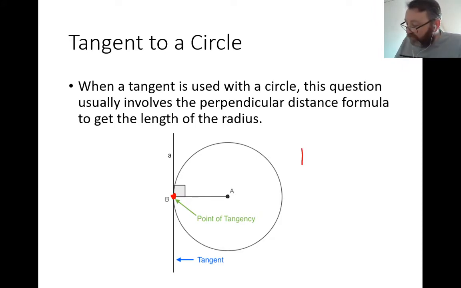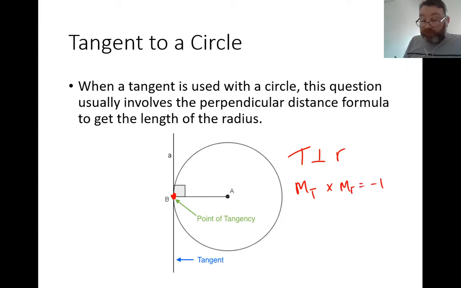So tangents are always perpendicular to the radius, which means that the slope of the tangent multiplied by the slope of the radius is equal to -1. Or put it another way, the slope of the tangent is perpendicular to -1 over mt, so the negative reciprocal of mt, which is going to be mr.